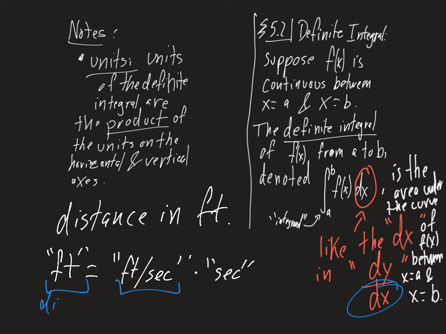So if this is distance, this is the unit of speed, and this is the unit of time. Just like in this case, this is how you get the units for distance. Similarly, in any case where we're doing a definite integral, if you're asking yourself what the units of this measurement are going to be, well, it's going to be the product of the units that you're using on the horizontal and on the vertical axes. Okay. So that's the first note I wanted to make.